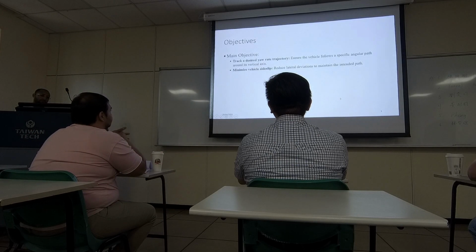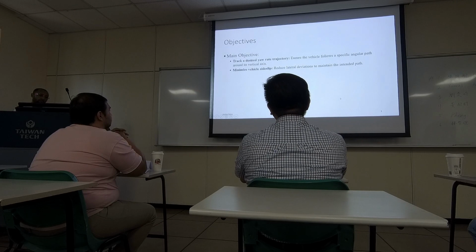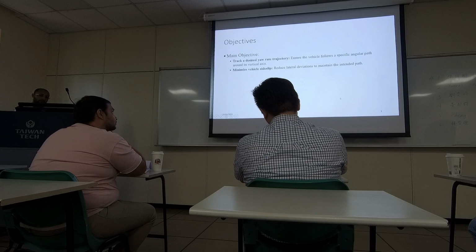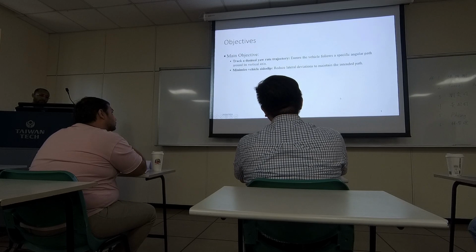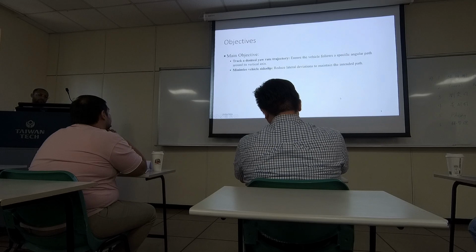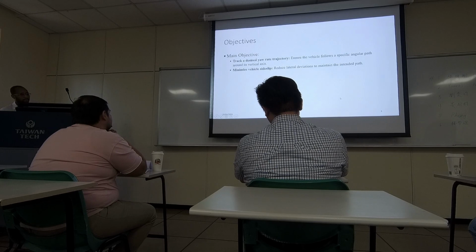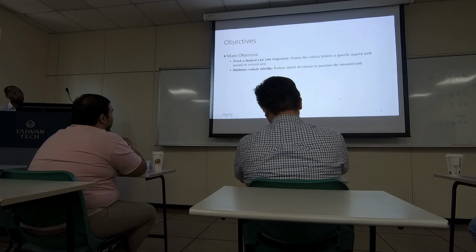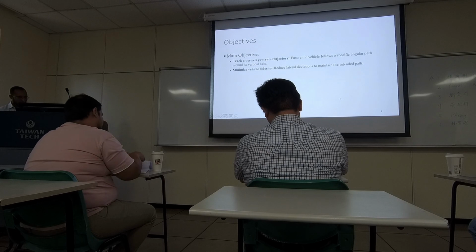Our objectives: first, to track a desired yaw rate trajectory to ensure the vehicle follows a specific angular path around its vertical axis, and then minimize the vehicle's side slip to reduce lateral deviations and maintain the intended path.